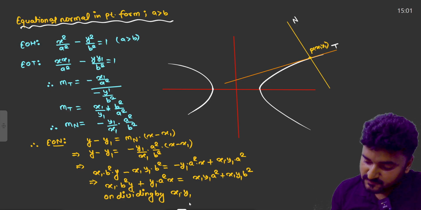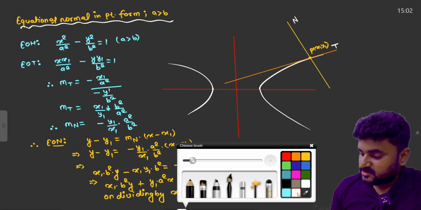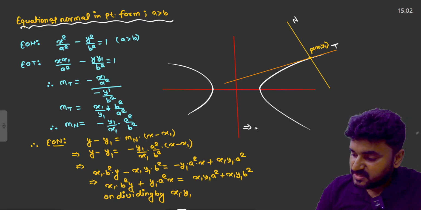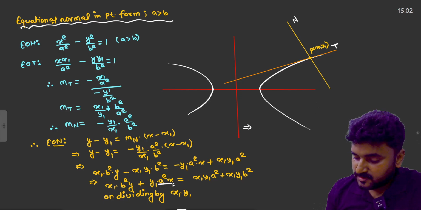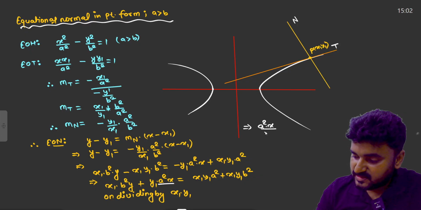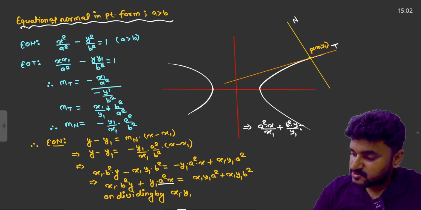x1 into y1. So what I got? You can see this is coming a square into x by x1 plus b square y by y1 equals a square plus b square.